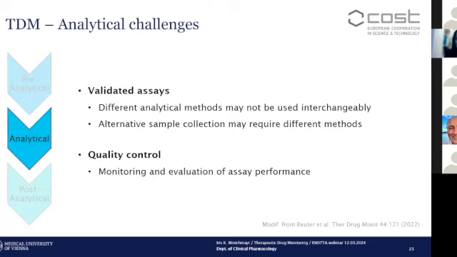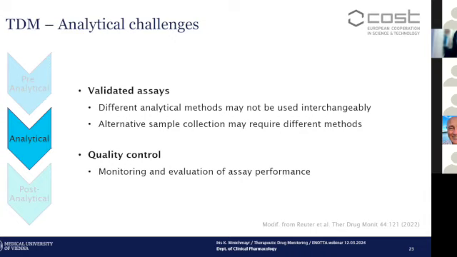So after successful sampling, documentation, and transportation to the lab, there are now certain analytical challenges. The accuracy of a reported TDM result relies on a validated assay. It's important to remember that there may be discrepancies between analytical methods and that concentrations that were obtained using different methods may not be used interchangeably.